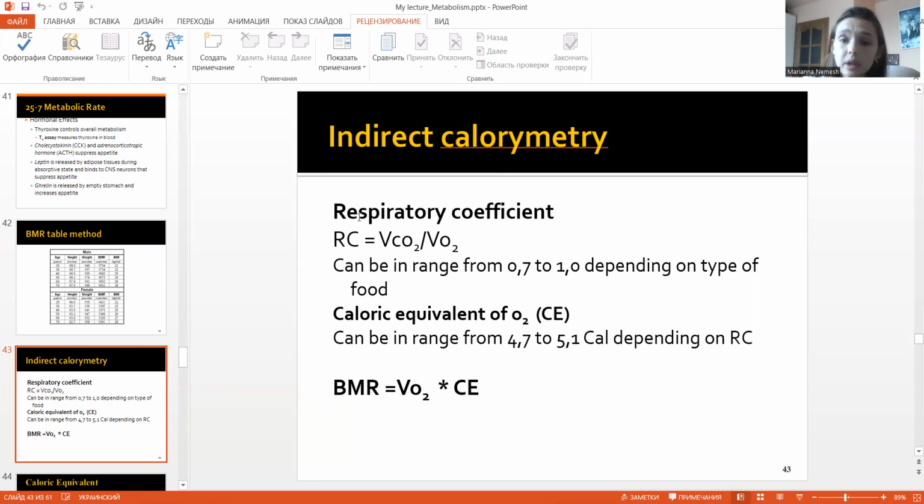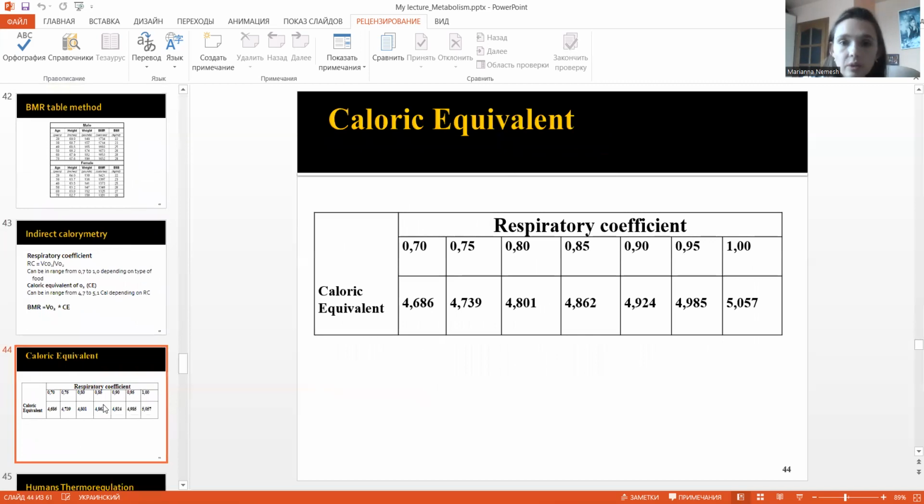We could count the value of BMR. So we need the volume of oxygen multiplied by the caloric equivalent of oxygen, which ranges from 4.7 to 5.1. Here the respiratory coefficient is given, and by that formula we could count it.